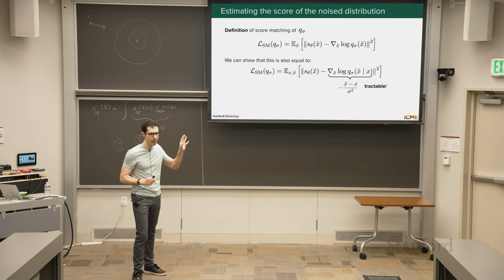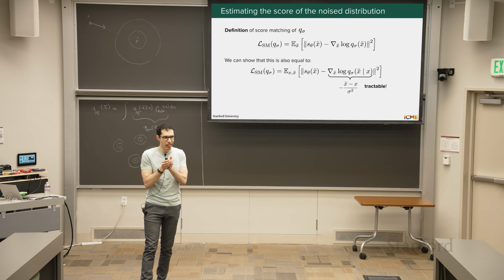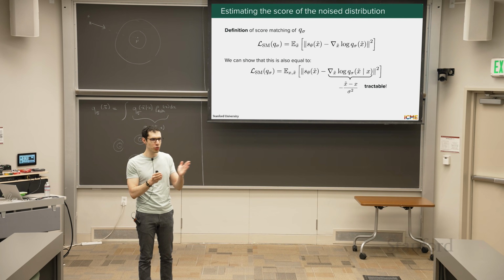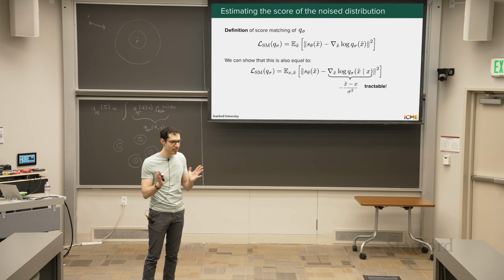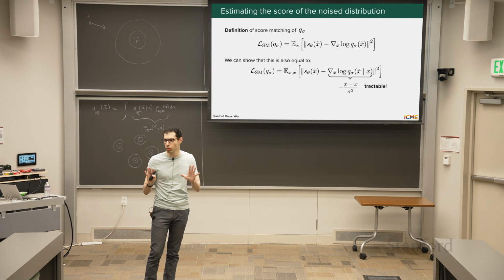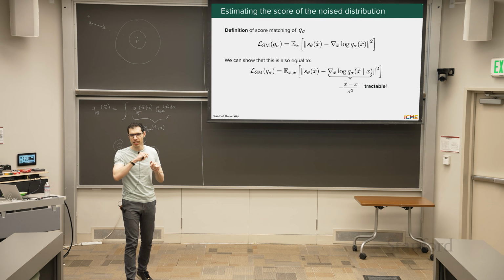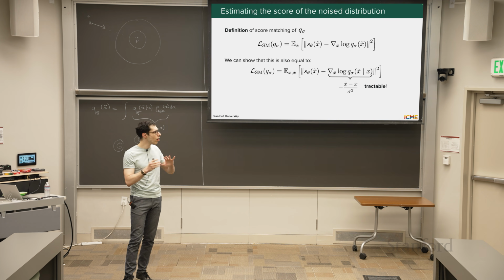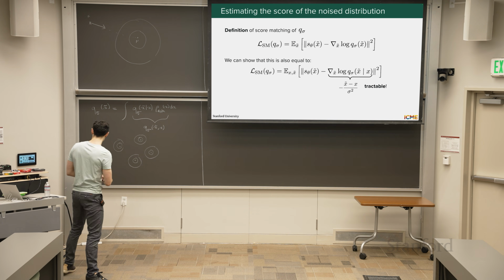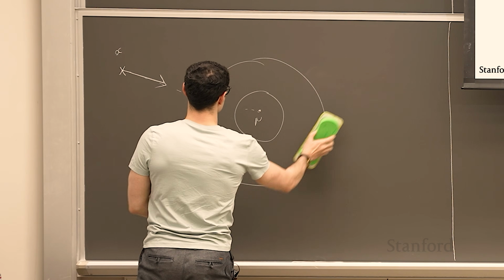The derivation is kind of in the middle between trivial and not trivial. I would say the proof is quite nice. It is not required for you to know for the exam. So in the interest of time, I'm not going to do the full proof, but I'm going to show you how you can derive it through the main steps.